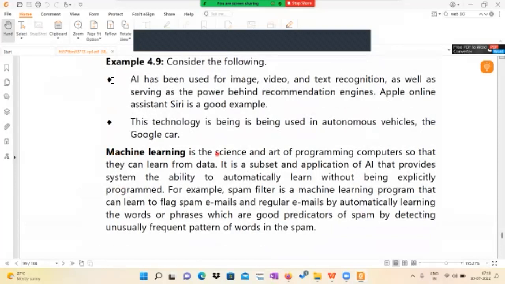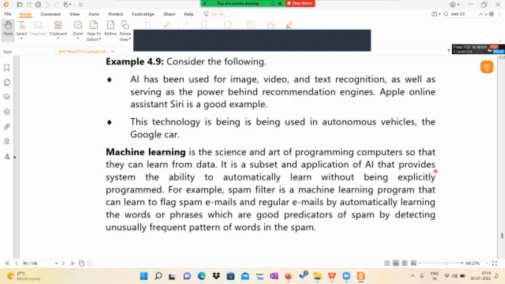Machine learning is the science and art of programming computers so that they can learn from the data. In this process, the data is provided to the computer through specialized software, and with that software you give instructions to the computer to learn based on the data provided by us.